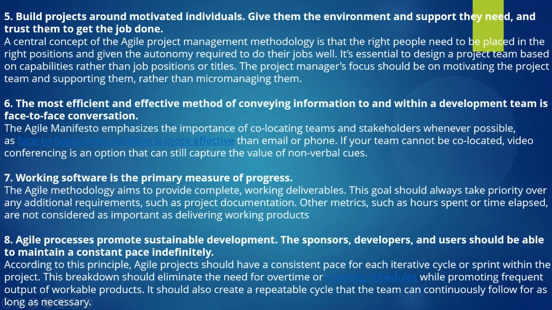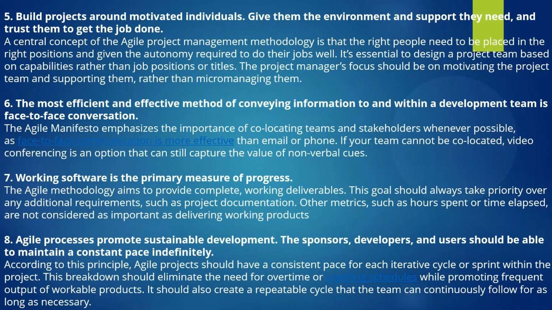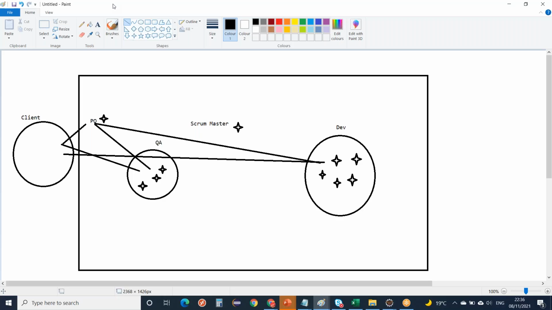So whenever the team is taking individuals, all should be motivated. Okay, so build projects around motivated individuals. If one of the persons is not motivated or has no interest, what will happen, guys? Others will be impacted by his lack of interest.